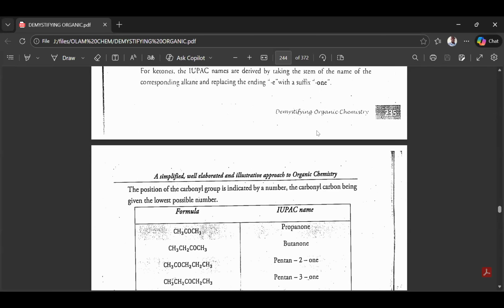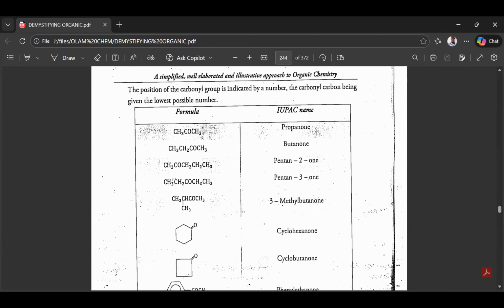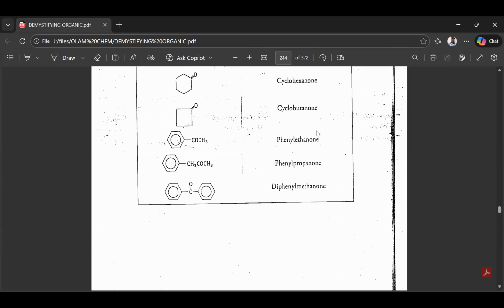Okay, so now what I'm going to do, I'm going to give you the names, and you write for me the formulas of these compounds.